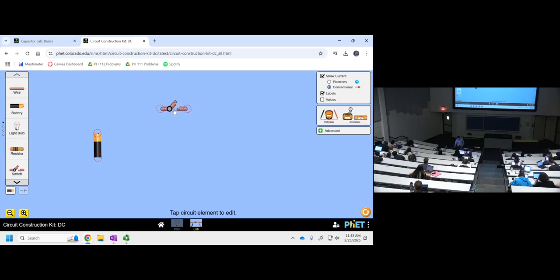I'm going to put a switch here and a switch here. I'm going to have to think about how these are each flowing. And then I put a resistor here.